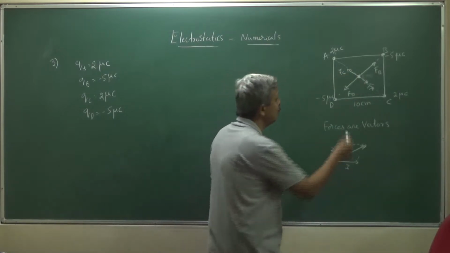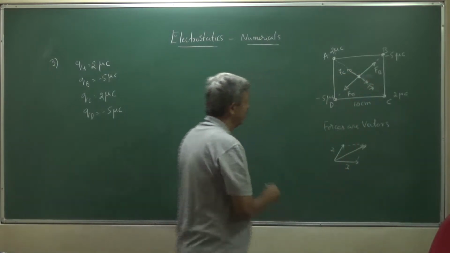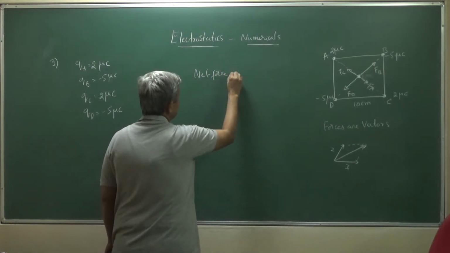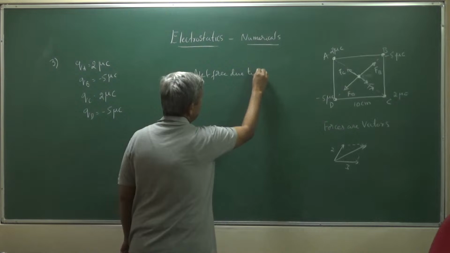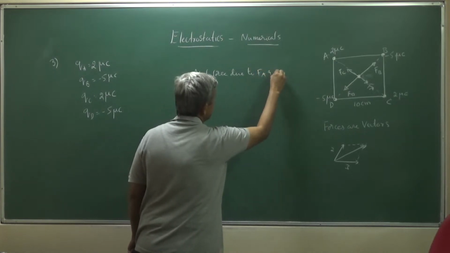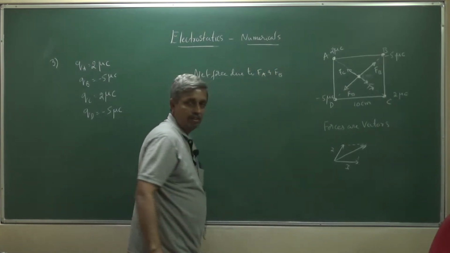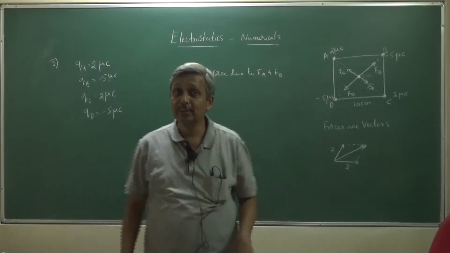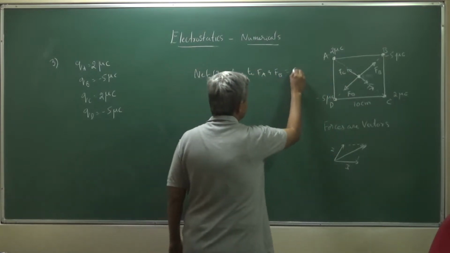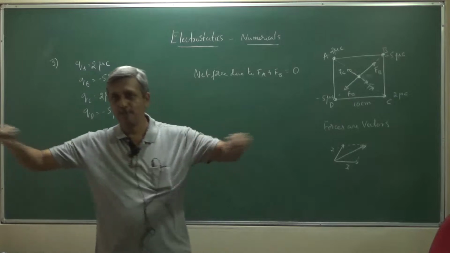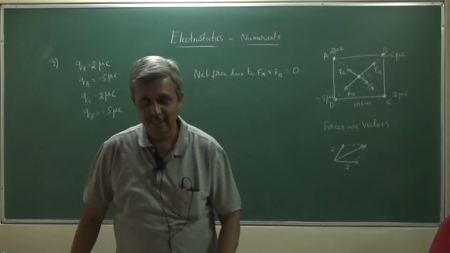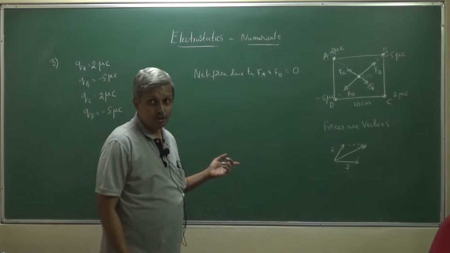So net force due to FA and FB is how much? It is pulling this way and that is pulling this way, they are equal. So net force due to them is basically equal to 0. That means if you are pulling on both sides the same force, net force is 0. Correct? Due to these two.